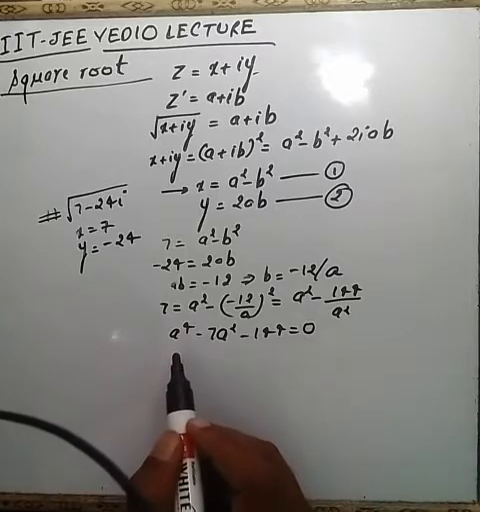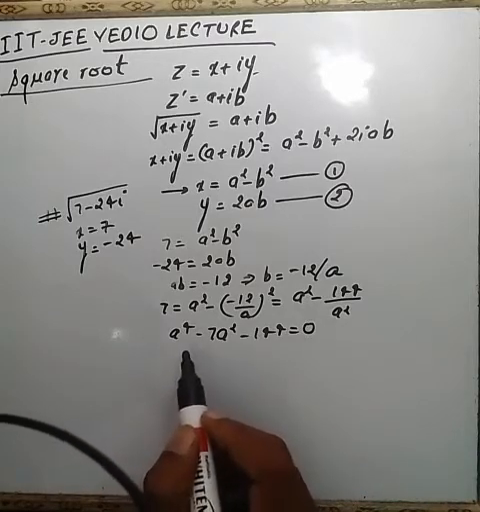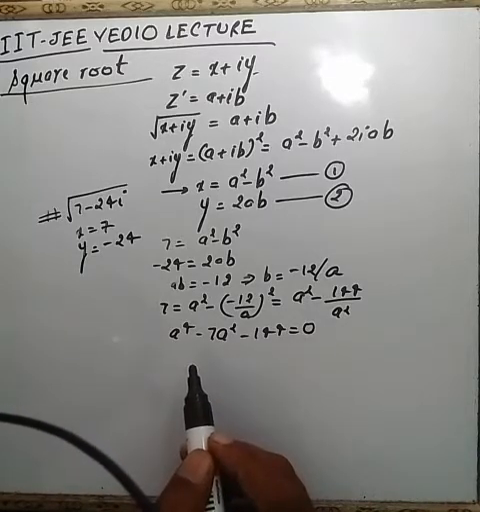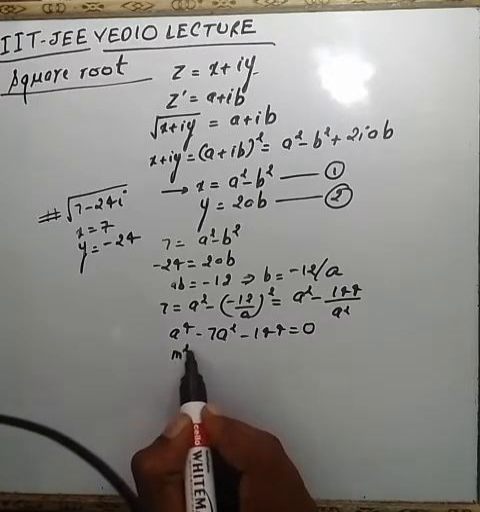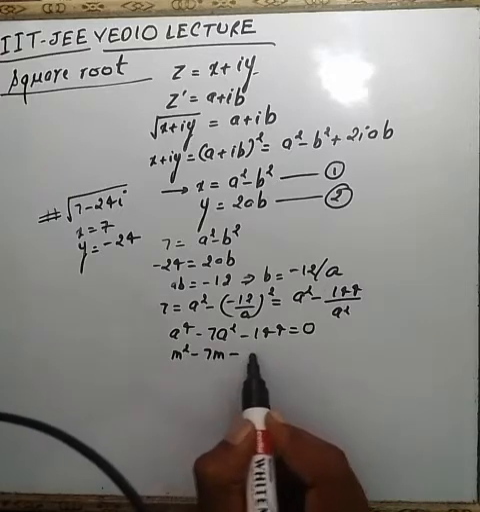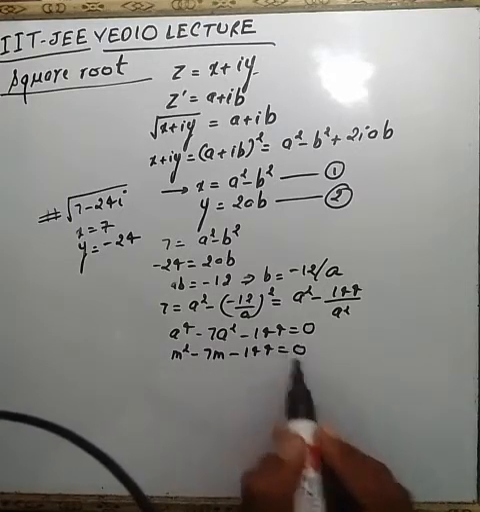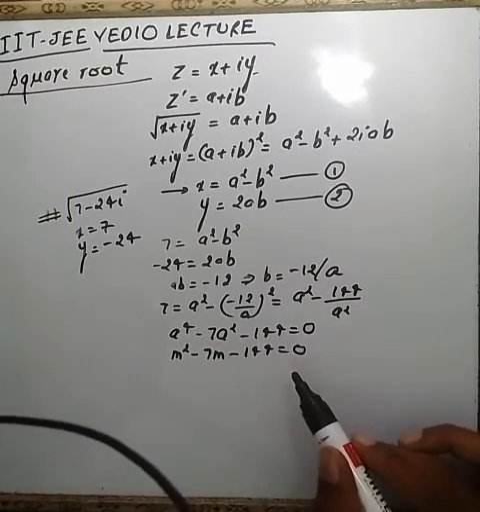So assume a square equals m. So m square minus 7m minus 144 equals 0. So now this is a quadratic equation.